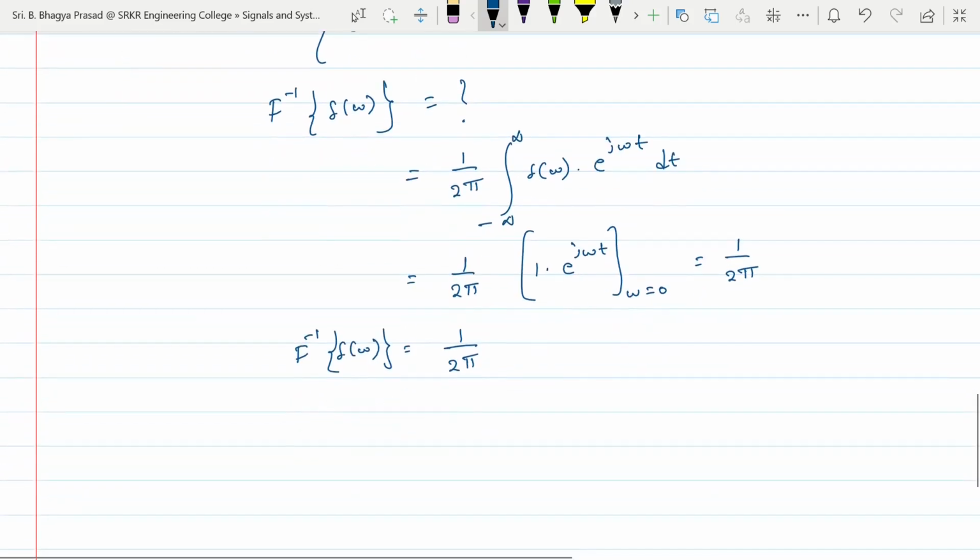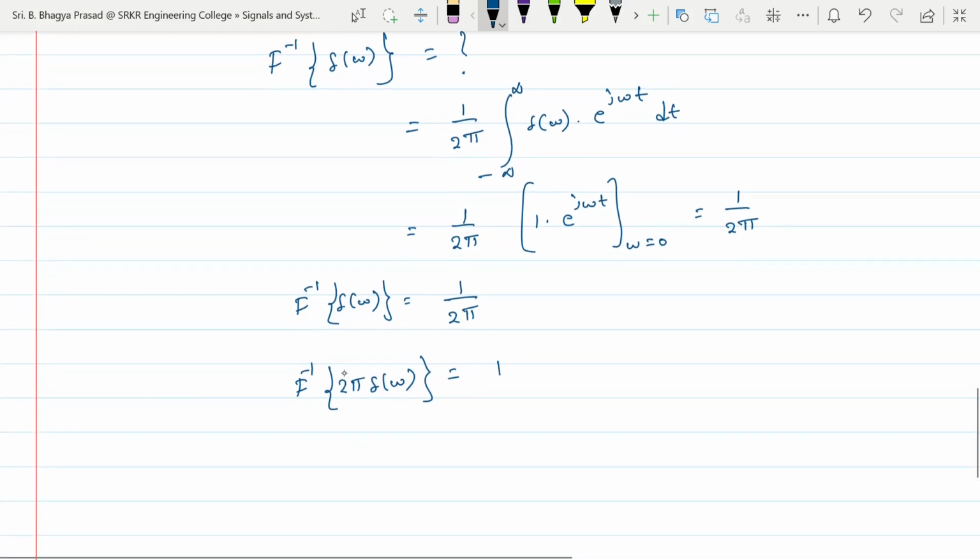I will bring this 2 pi to the left hand side. F inverse of 2 pi delta omega is 1. So 1 is the inverse Fourier transform of 2 pi delta omega.